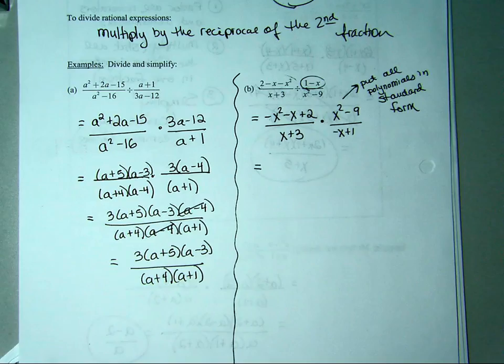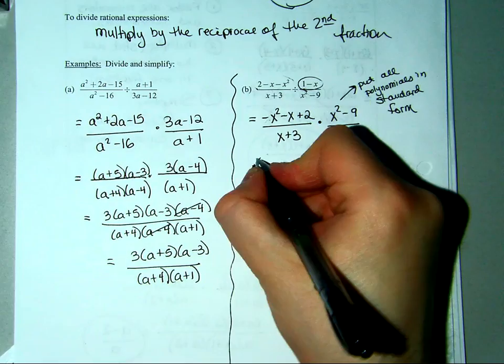Before we do this, I do want to write one little note over here. We want each leading term, the thing with the highest power, the thing out front, to be positive. So if it's not, what we're going to do is factor out a negative 1 from each of those pieces. So bullet point over here, we want each leading term to be positive.